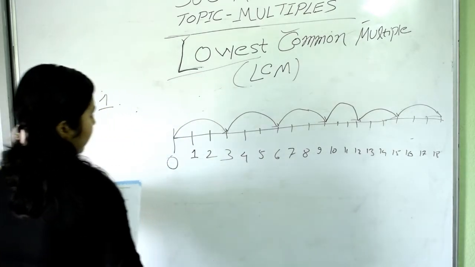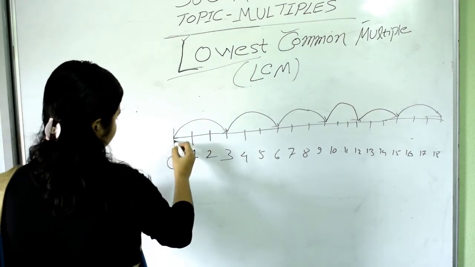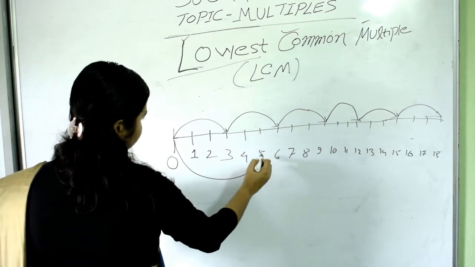And on the lower side we are showing the multiples of 5, of which the first one is 5.